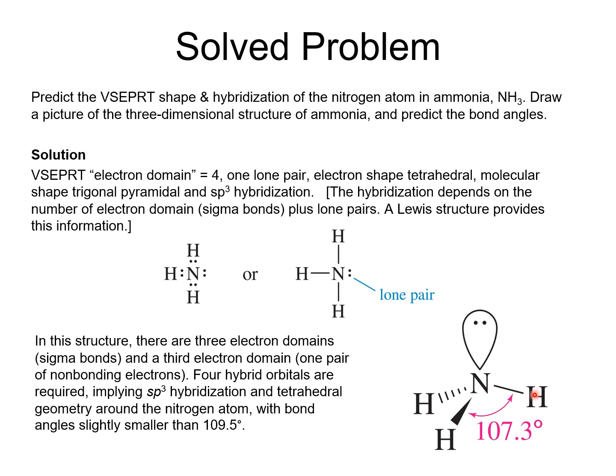It looks like an Egyptian pyramid with a triangular base. So that's why it's called trigonal pyramidal structure. Lone pairs occupy a little bit more space than a regular bonding electron. So this is slightly less than 109.5.